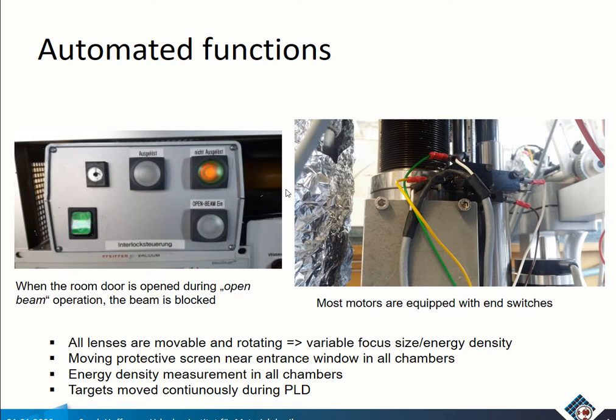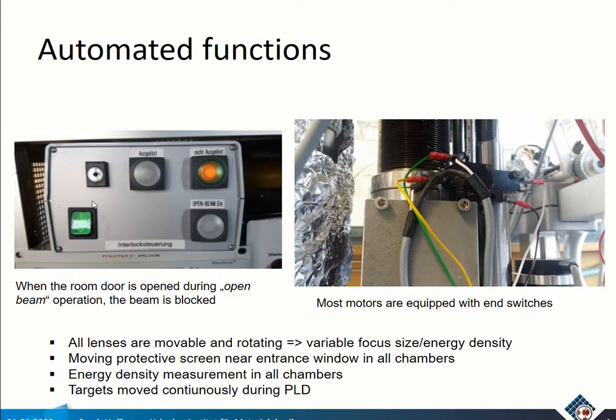And if we are operating in this open beam mode and the door of the lab is opened, then the shutter of the attenuation system is automatically closed to prevent radiation exposure of people without the protection glasses.